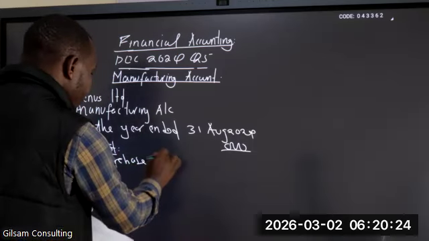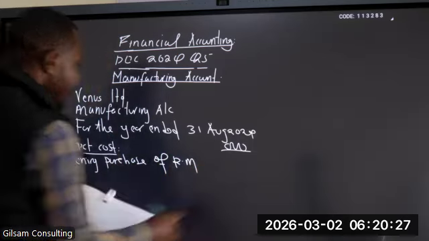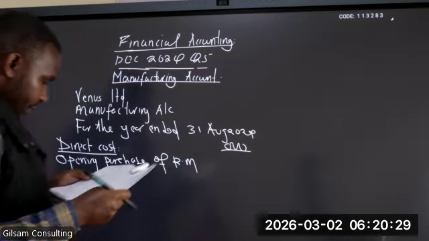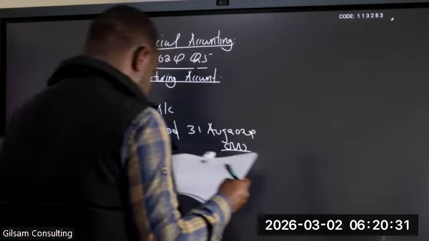Purchases of raw material, which we have in the trial balance, 55,000.